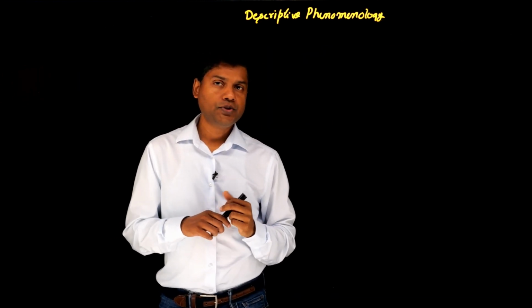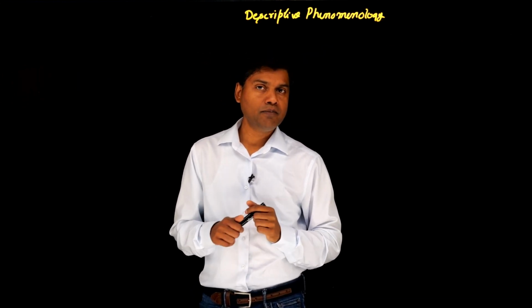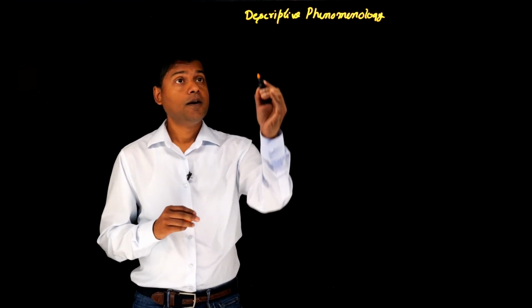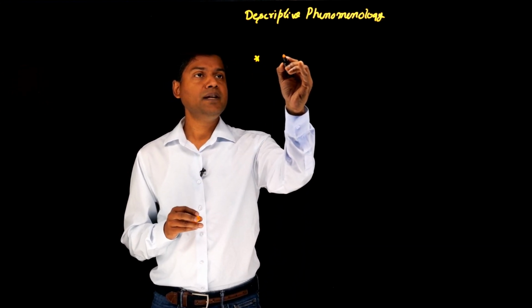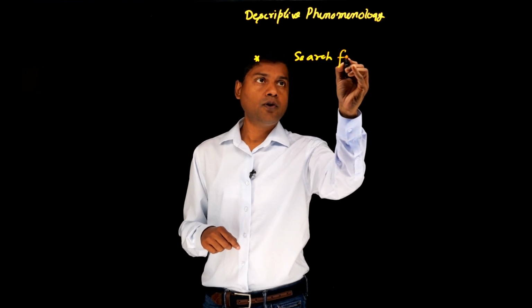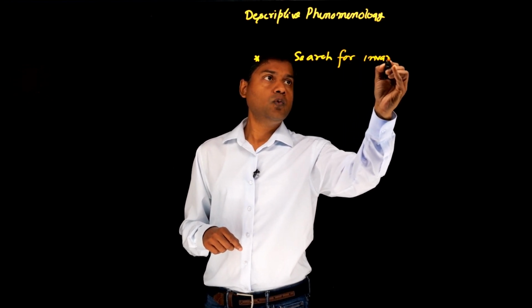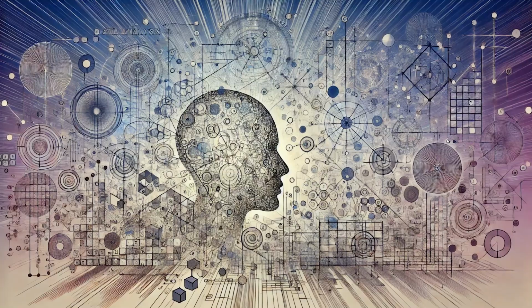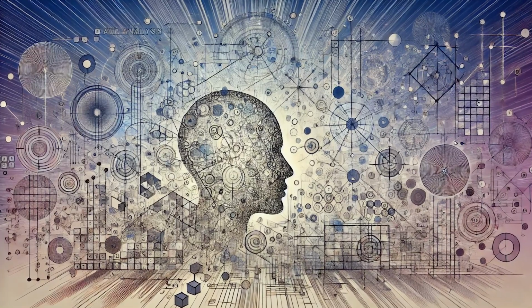The third characteristic of descriptive phenomenology by Giorgi is the focus or search for invariant meanings.